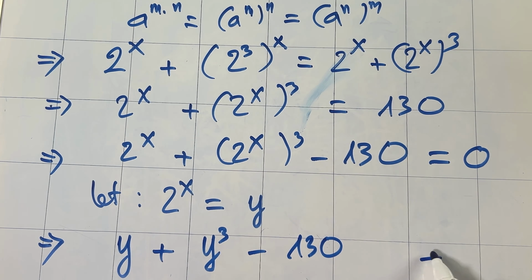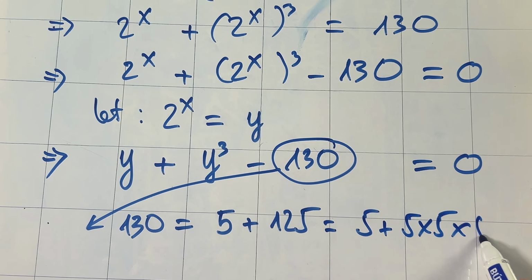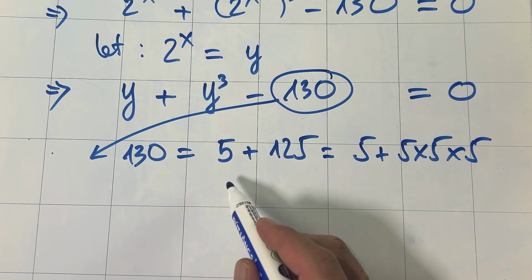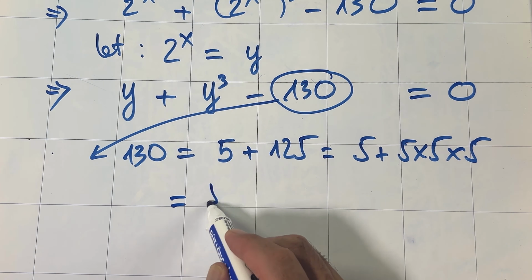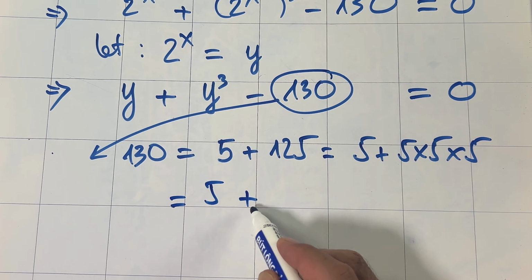We see that 130 can be written as 5 plus 125, where 125 is 5 times 5 times 5, which is 5 to the power of 3. So 130 is 5 plus 5 to the power of 3.